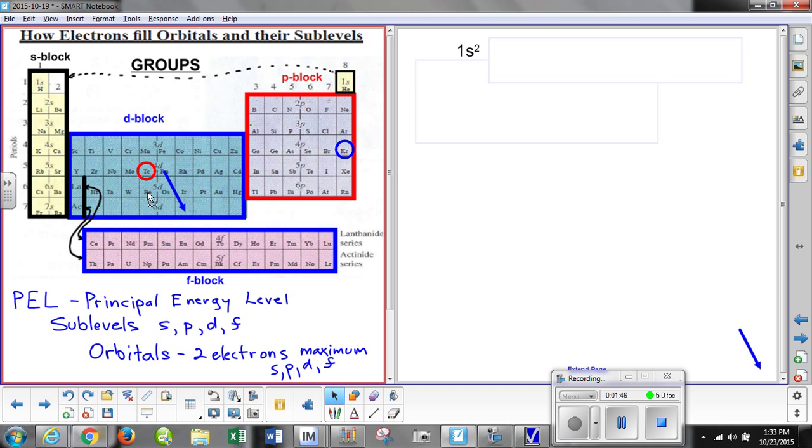But you see here the D's do not match, nor do the F's. F's are always 2 down from whatever row they're on. So the lanthanide series starts out on row 6, and then we drop down here, which puts them 2 rows lower, or higher, but they're lower because they're closer to the nucleus.